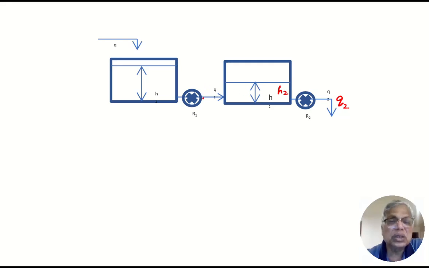This is Q1 here, this is Q, this is H1. This is two interacting tanks in series with the usual notation.